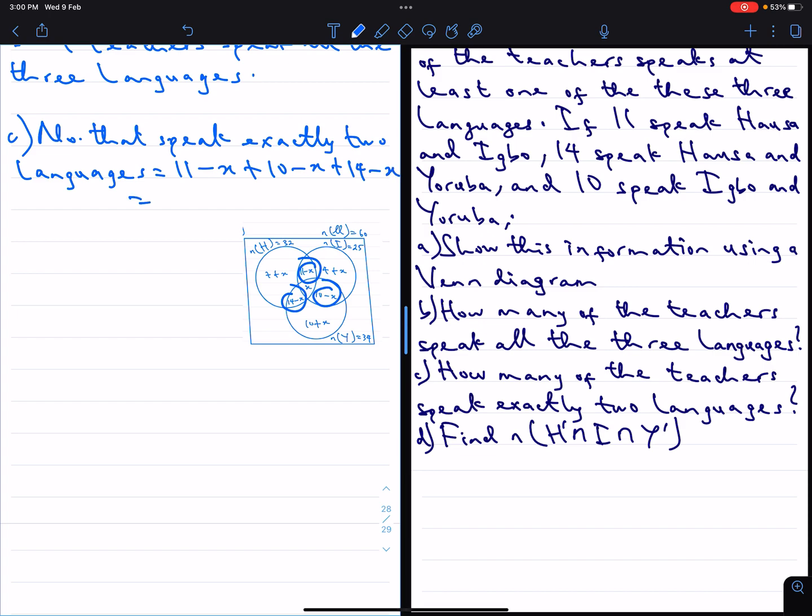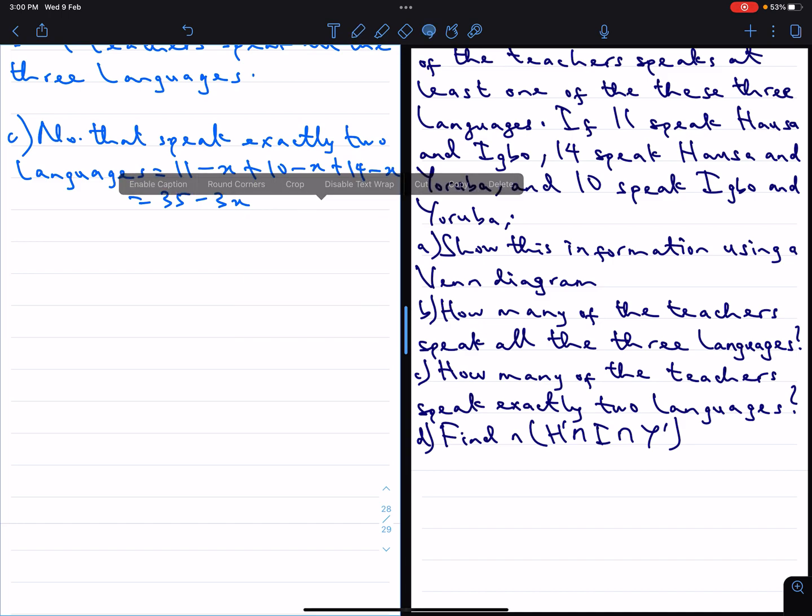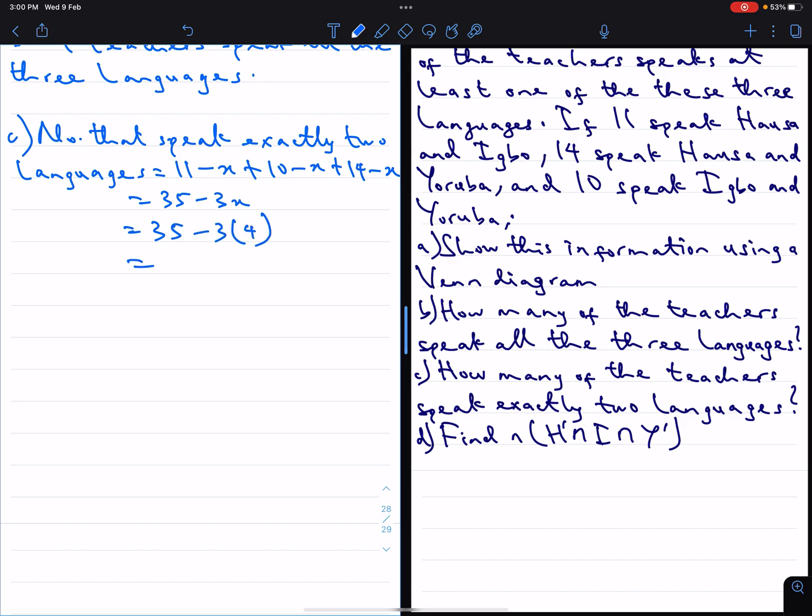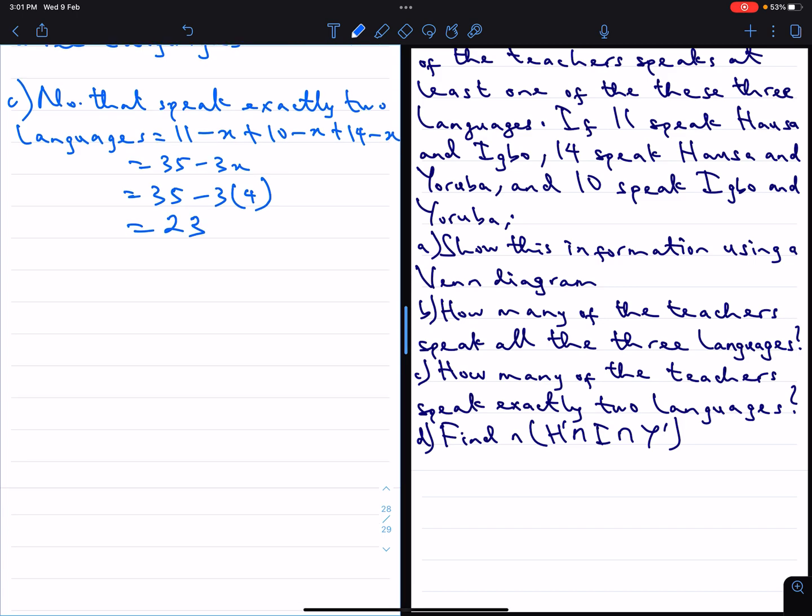And that simply means 11 plus 10, that's 21, plus 14, that's 35, minus 3x, and that simply means 35 minus 3 times 4, that's 35 minus 12, which is 23. So 23 teachers speak exactly 2 languages.